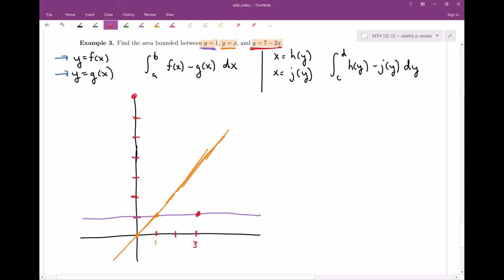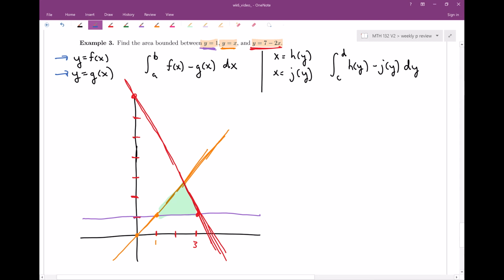Let me try to draw my best straight line here. It's relatively okay. We can see that these three curves together entrap this nice triangular region, the region that is bounded by these three curves. And our goal is to find the area of this region.